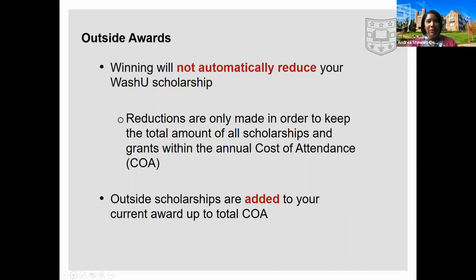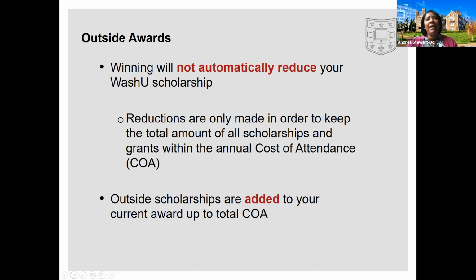Now, we strongly encourage students to seek outside scholarships because there really is no downside to doing it. We do not penalize students for bringing in a scholarship from the outside. It does not mean that we will automatically reduce your WashU scholarship, which, honestly, is a common practice among other universities, but it's not something we do at WashU.